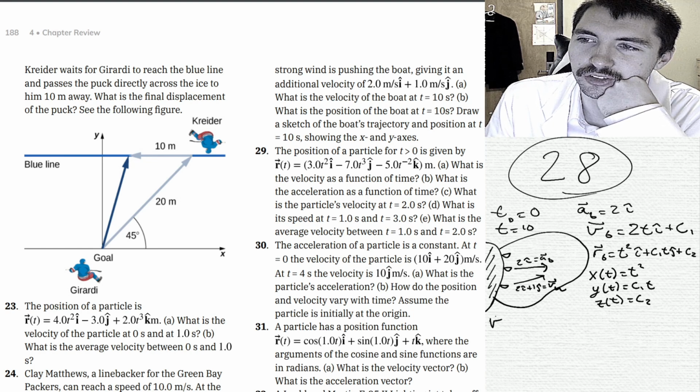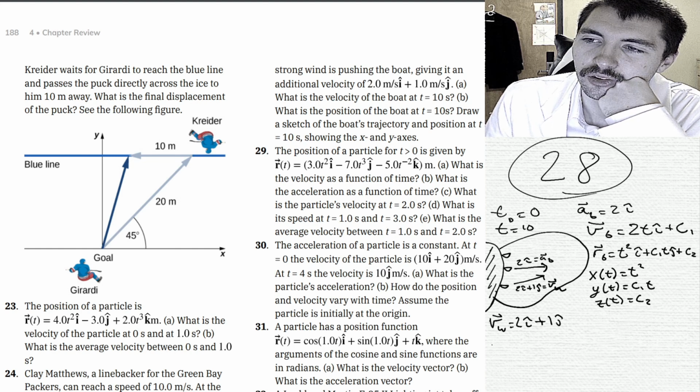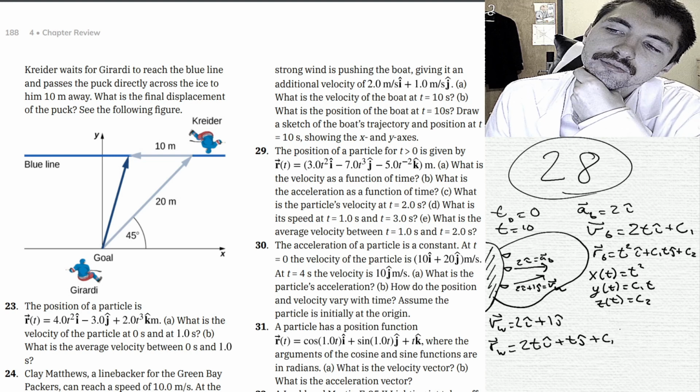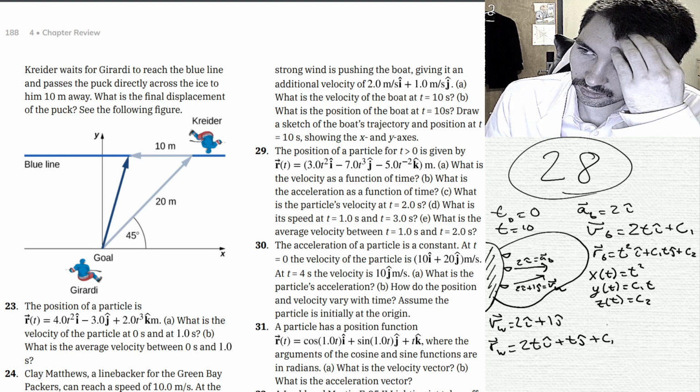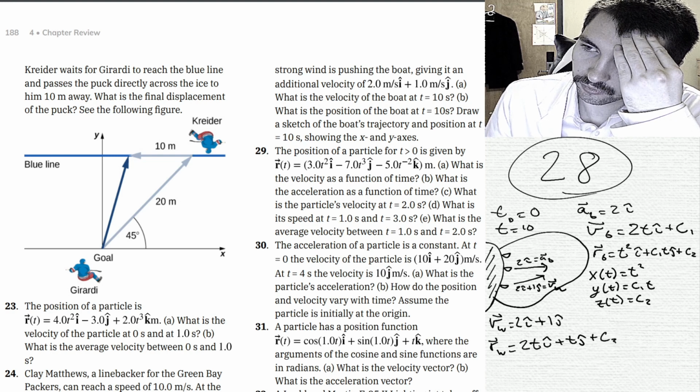Okay, so the velocity of the wind is 2i plus 1j. Therefore, the position vector of the wind is 2t i plus t. Okay, we should specify C3.